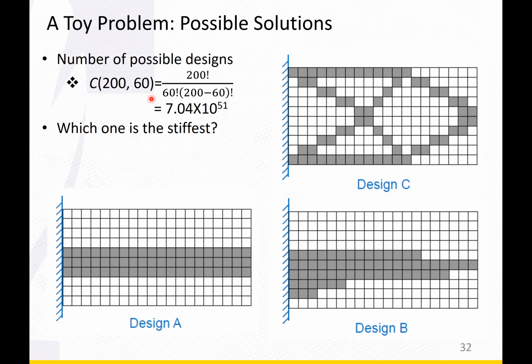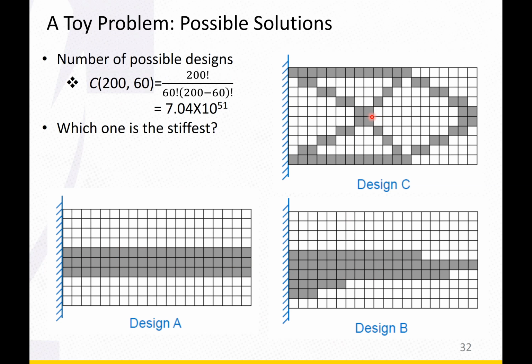It's too huge to be solved efficiently and practically. And we can check some possible patterns. Definitely, we could put all the Legos in a bar shape, right? Or some random shape like this, or some shape like this, right?